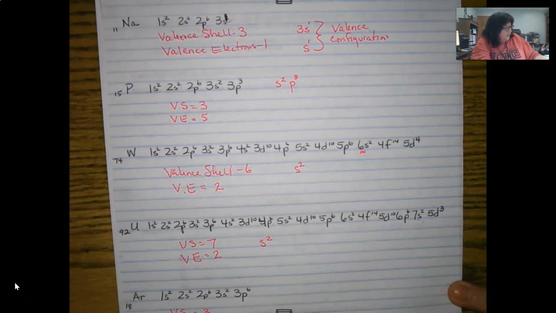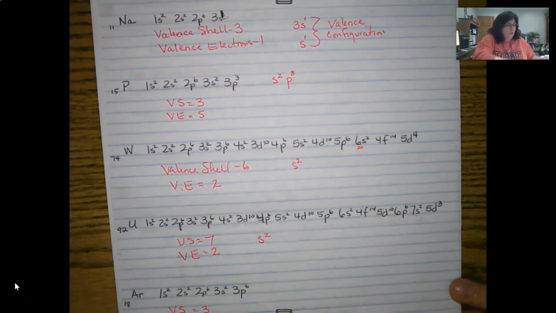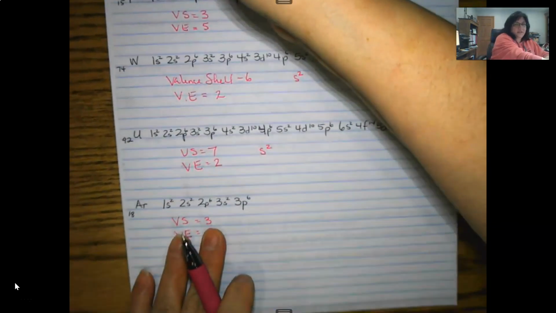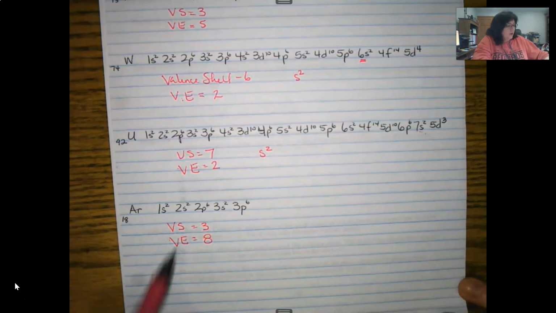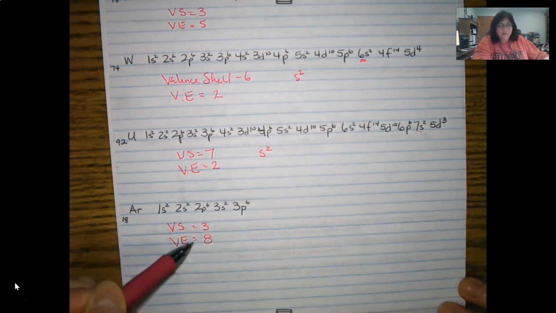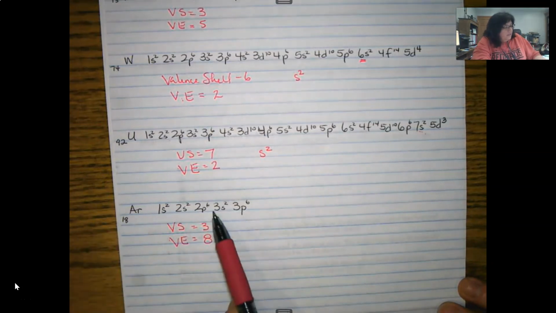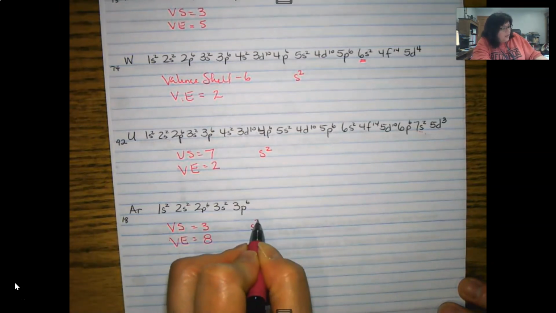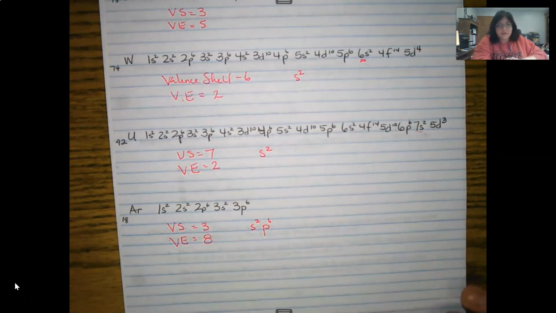Valence electrons is 8. There's that all-critical number 8. Maximum number of valence electrons is 8. And then valence configuration is s2p6. That is a really good, stable electron configuration.